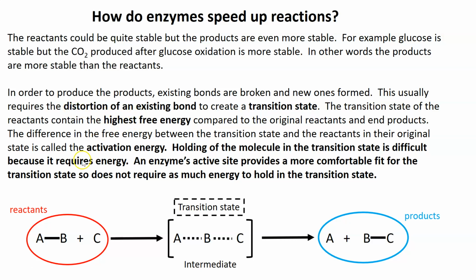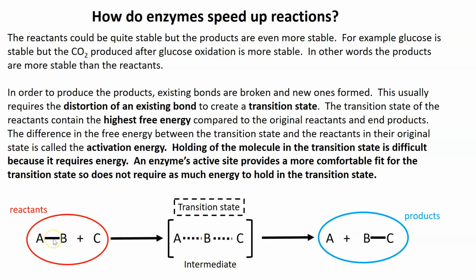If you want to break A and B up, it's like bending a stick. If you bend the stick far enough, eventually you'll break it. But in order to bend it that far, you need to put energy in. The more energy you put in, eventually the stick would break.